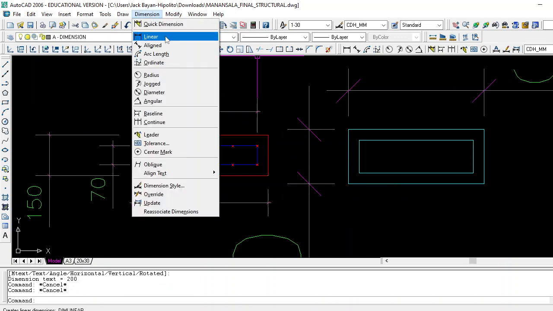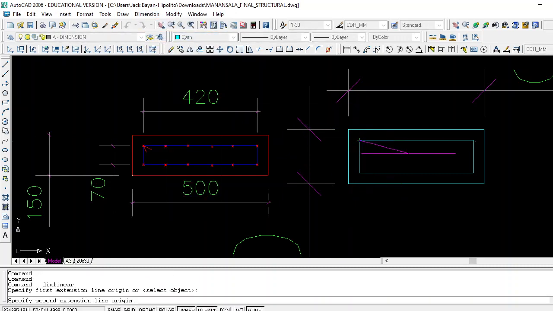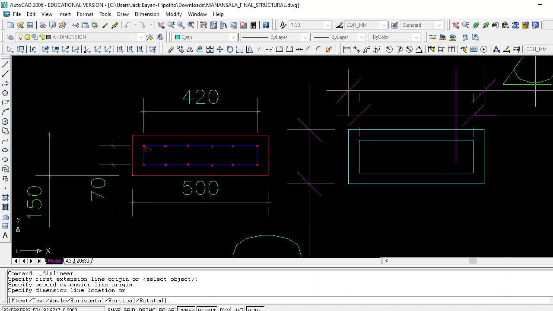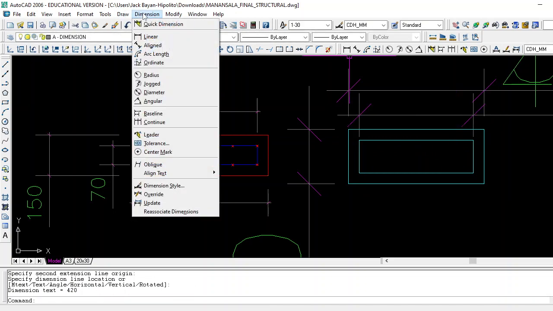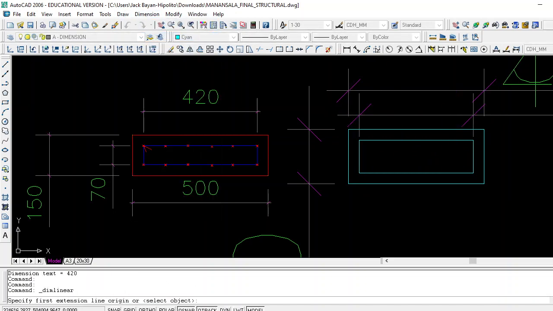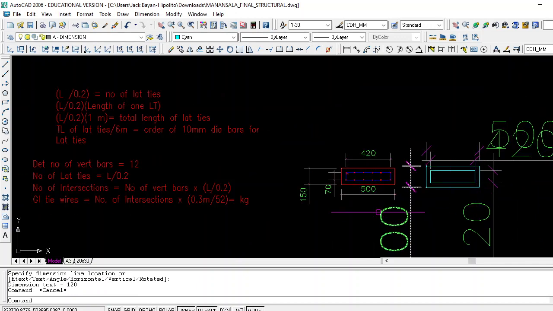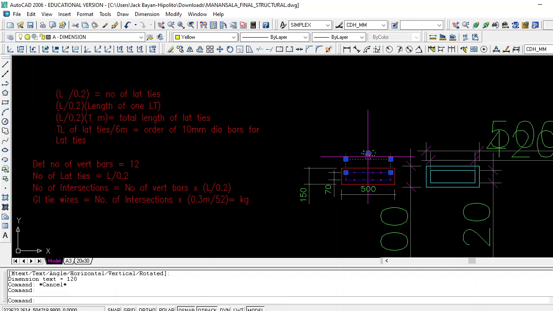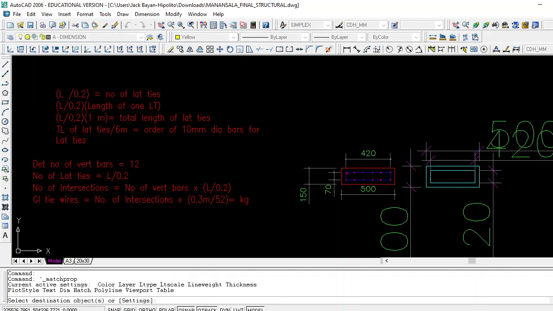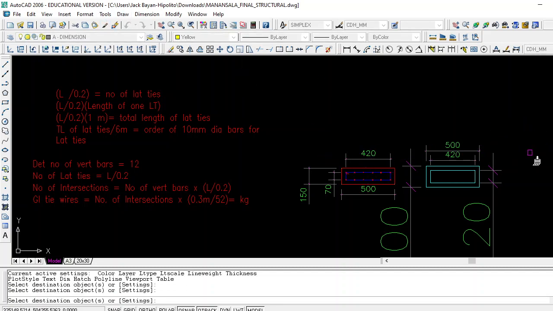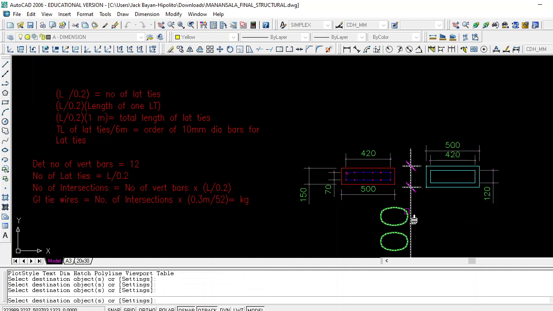Tapos, ang dimension nyo ngayon, because of the offset, is 420 by 120. Okay.